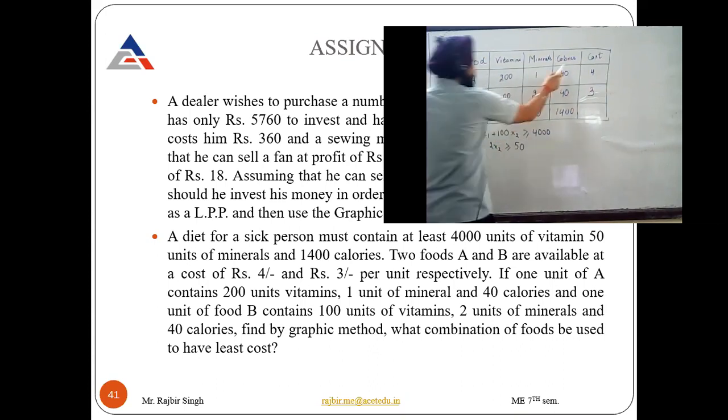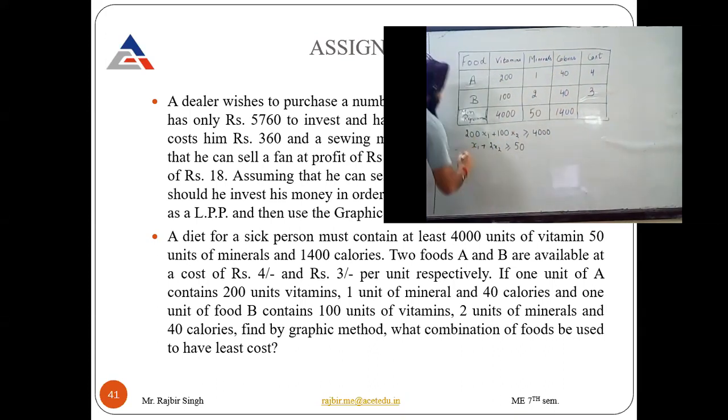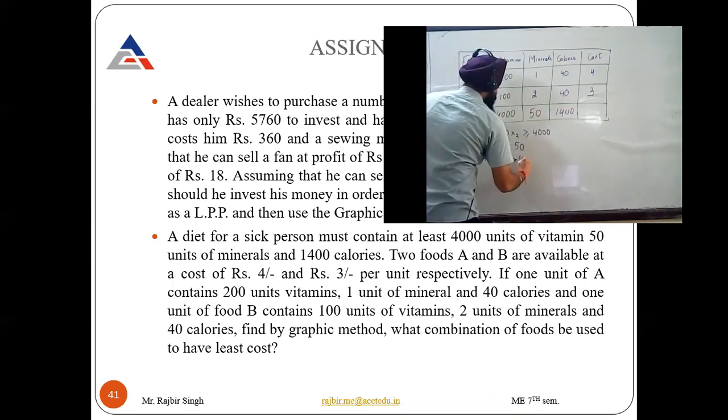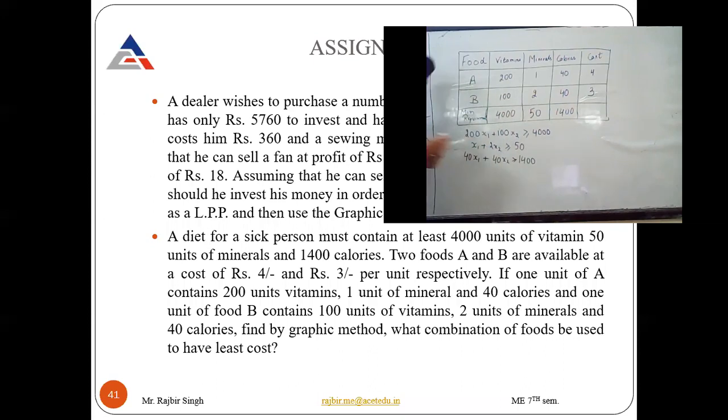Similarly, the requirement of calories is 40 into x1 plus 40 into x2, and this must be greater than or equal to 1400.